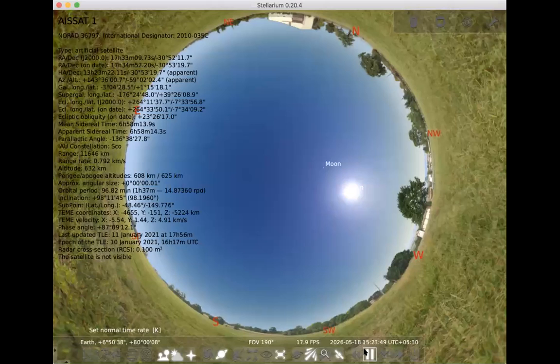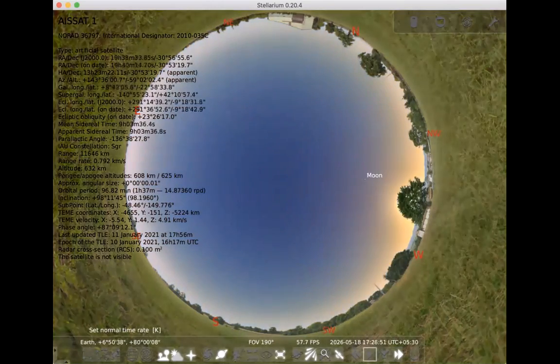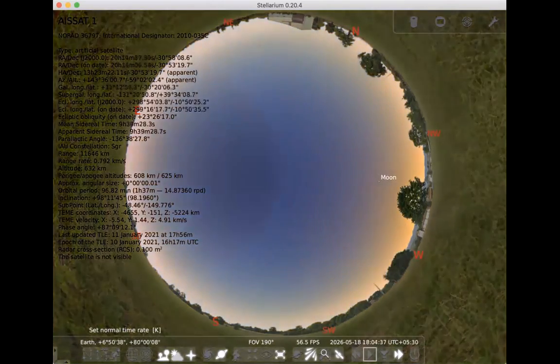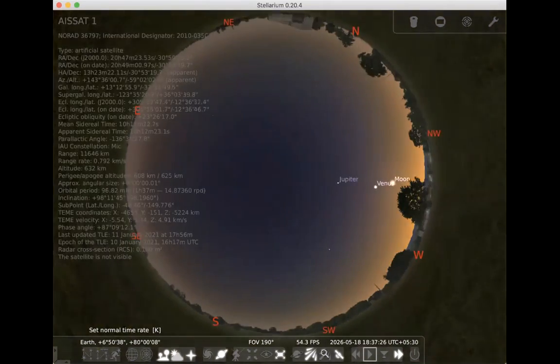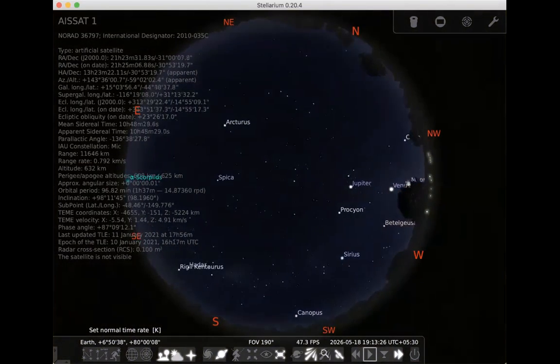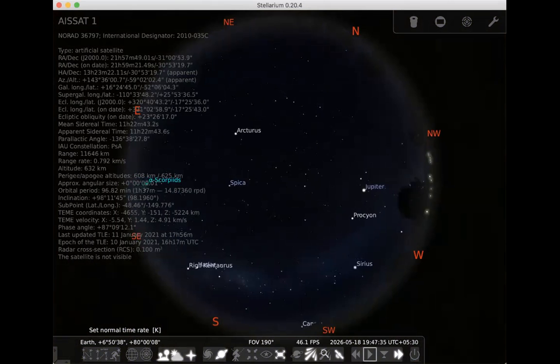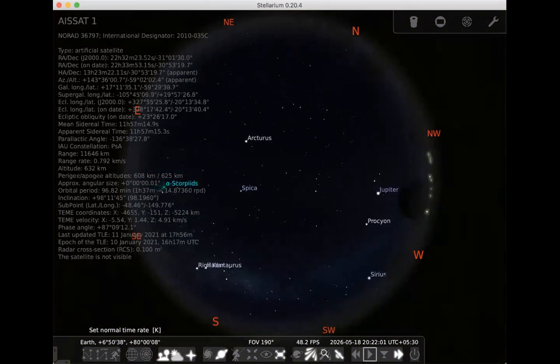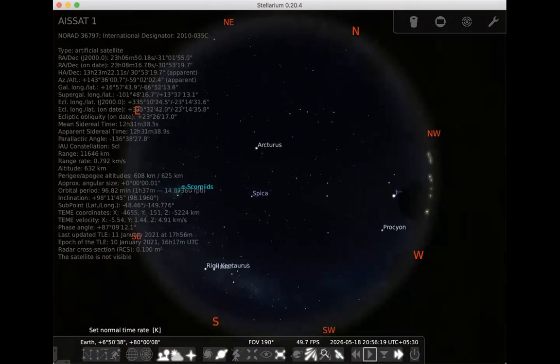So let's see at what time this particular star is rising, right? Let's see whether I can find it. You can see that the sun goes down, and I expect that the star will rise very late, right?